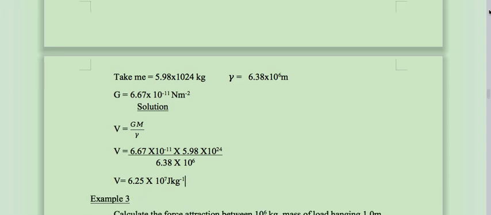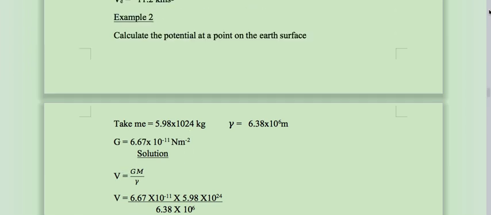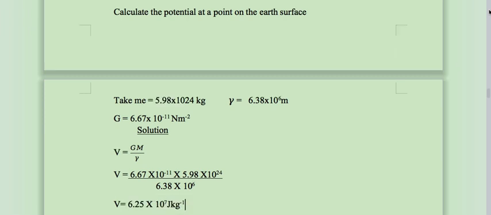Since we are looking for the gravitational potential, remember the mathematical formula for gravitational potential is V equals GM all over R.